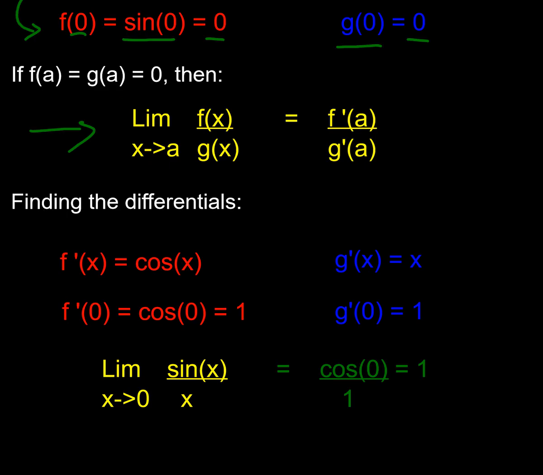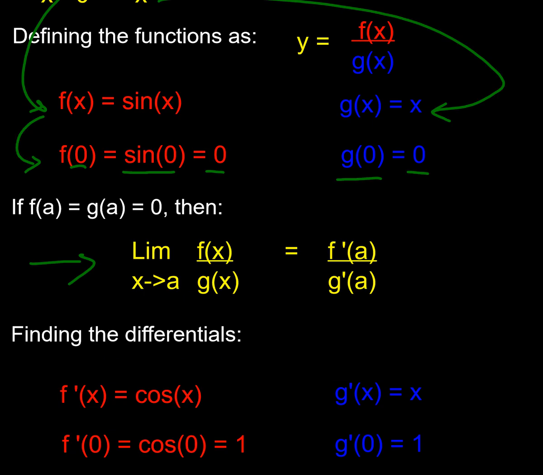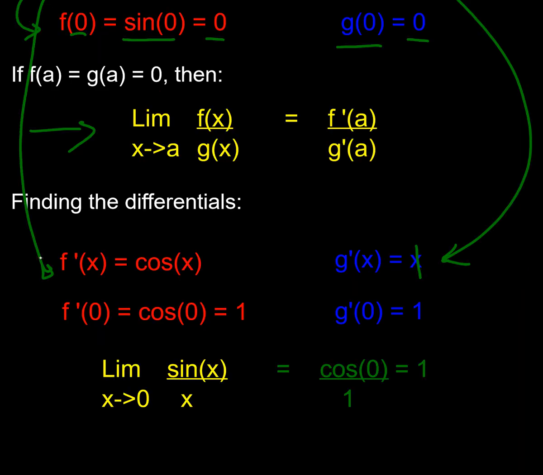If I do my differentiation, the function sine of x differentiates to cos of x. For g of x, g dash of x is 1. So if I now sub in the values, we're working around x equals 0, so f dash of 0 is cos of 0, which is 1, and g dash of 0 is 1.